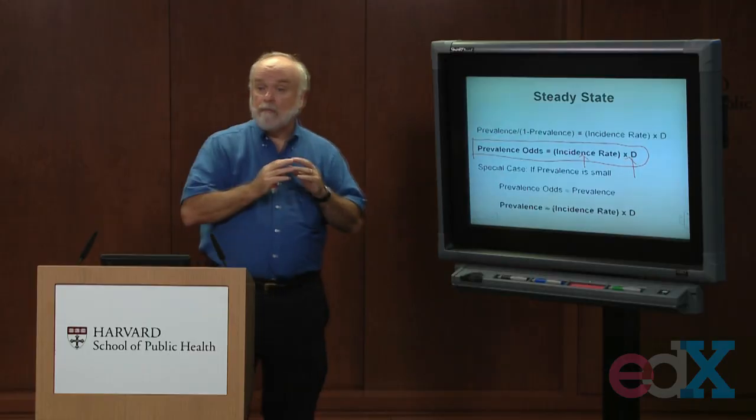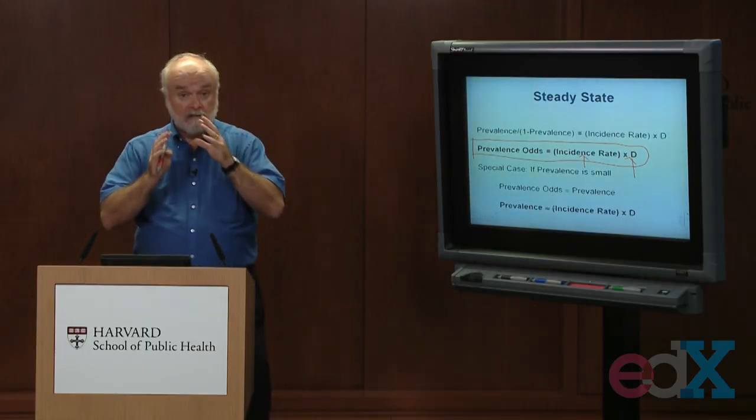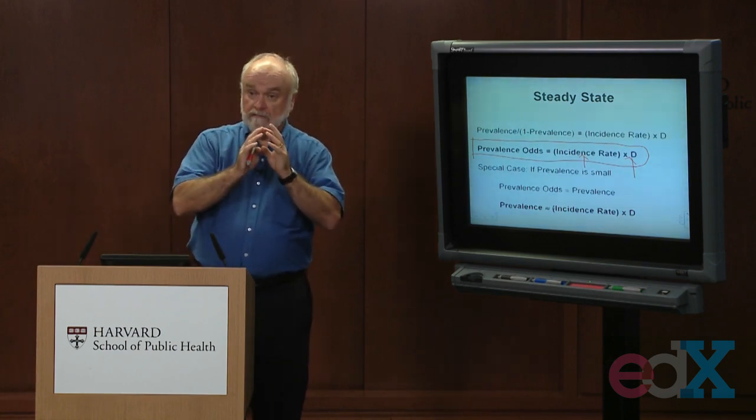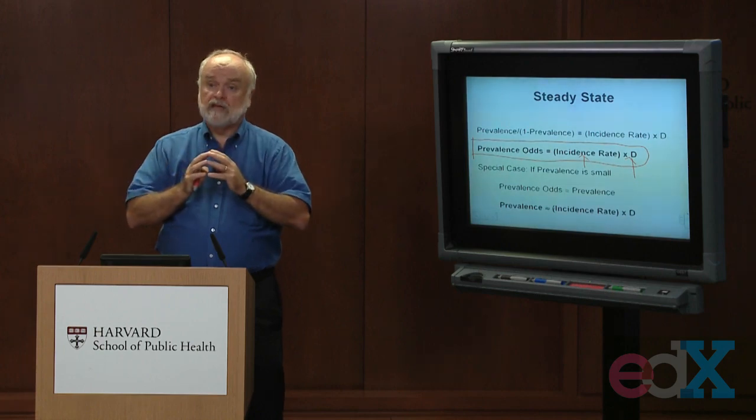One last comment to make. Remember we talked about odds before. And I said for a small proportion, the value for the odds corresponding to that proportion is almost the same number. If the proportion or the prevalence of disease is 1%, the odds of disease is 1% divided by 99%, which to 2 decimal places is still 1%.